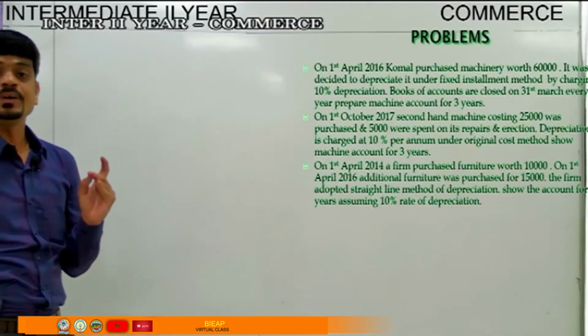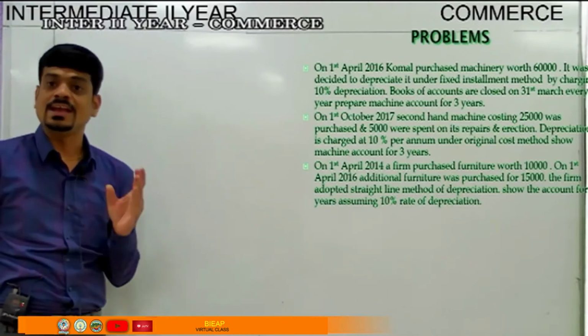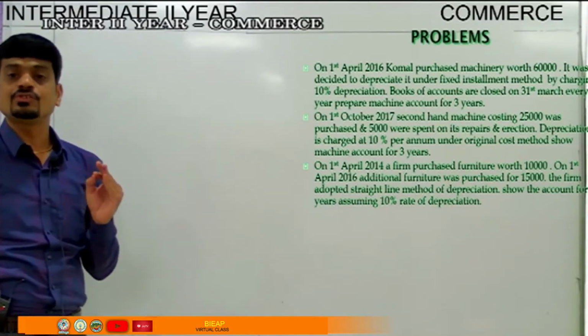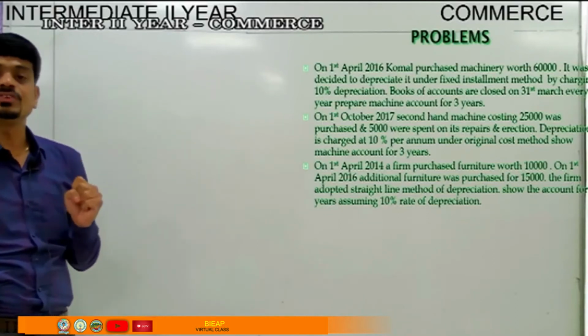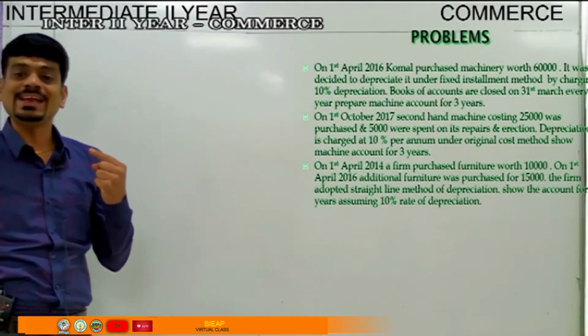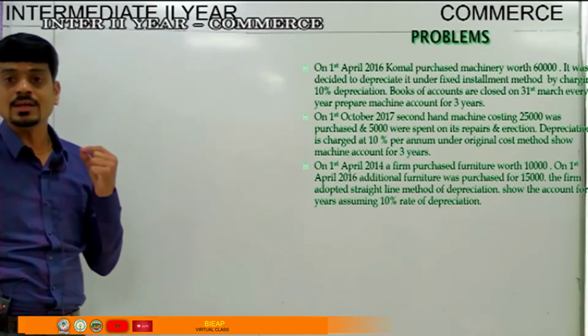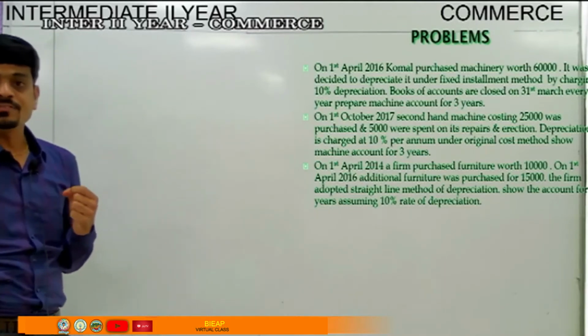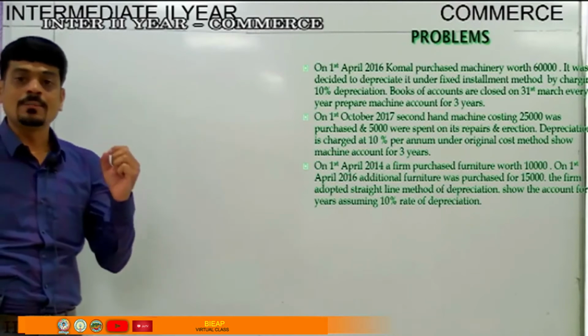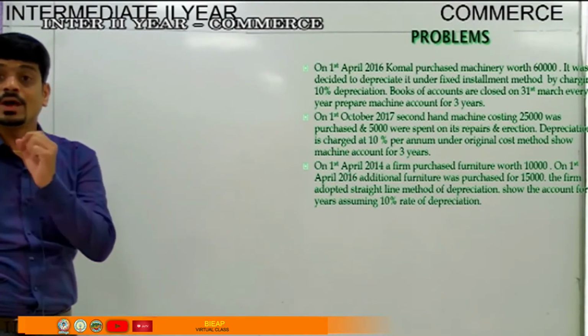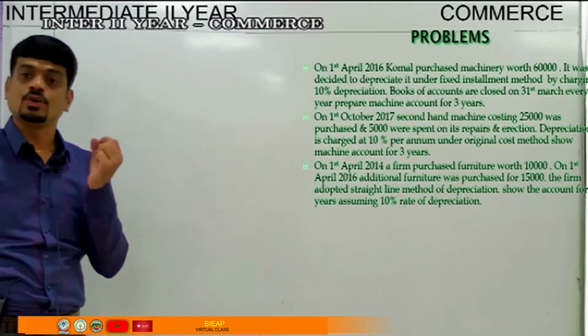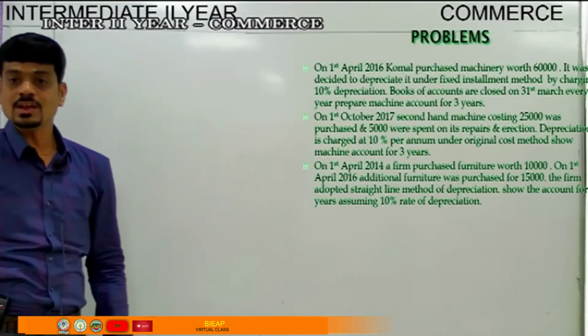They gave 10% rate of depreciation. And which method did they tell? Fixed installment method. So when it comes to fixed installment method, you should create an idea in the mind about the theme. What is the theme of fixed installment method? The amount of depreciation will remain the same. And how much percent? 10%. On which cost? Original cost.